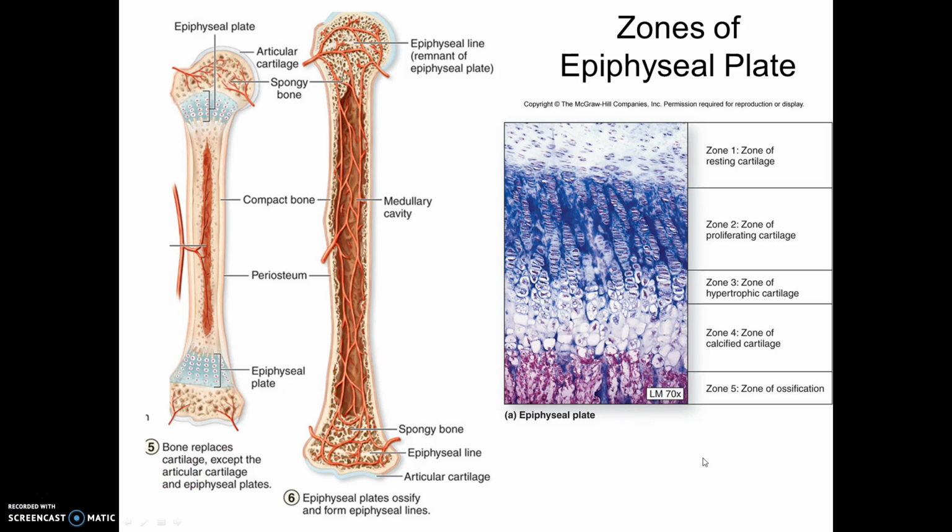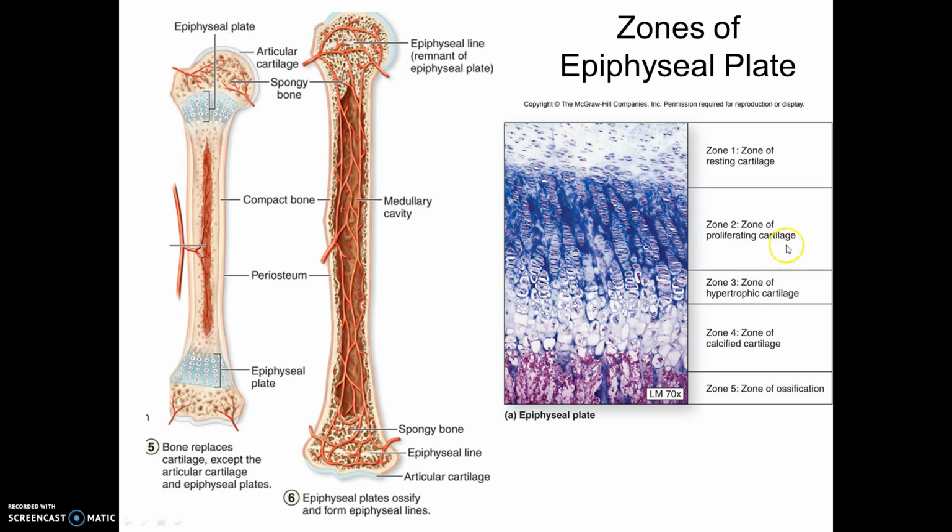Now there is a condition referred to as achondroplasia, and I don't have it listed here in the slide, where it's a genetic disorder whereby the second and third zones are inactive in the limbs of individuals with this disorder, resulting in shorter limbs, but the body parts are typically sized everywhere else.